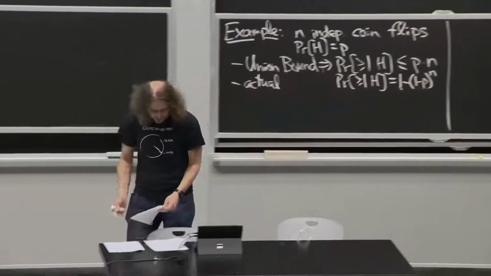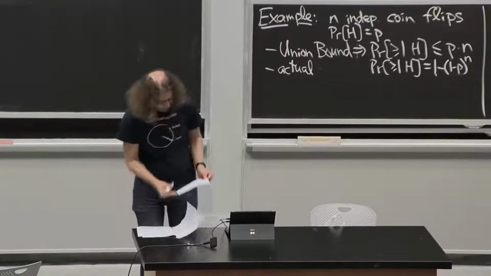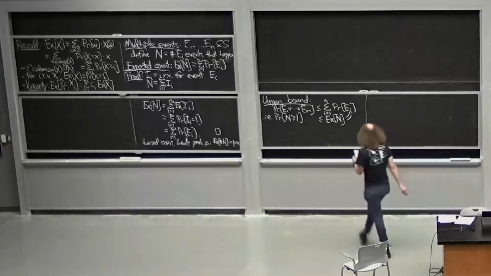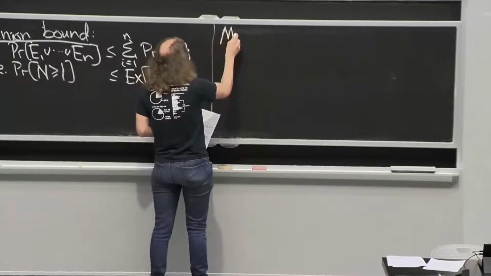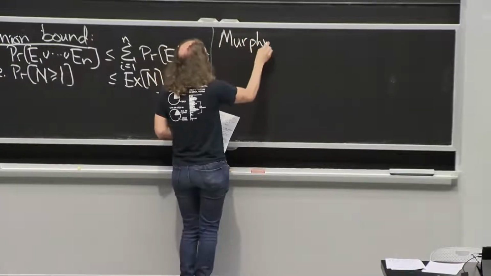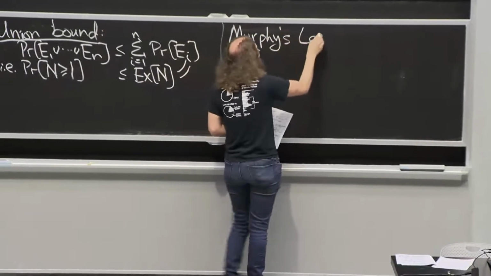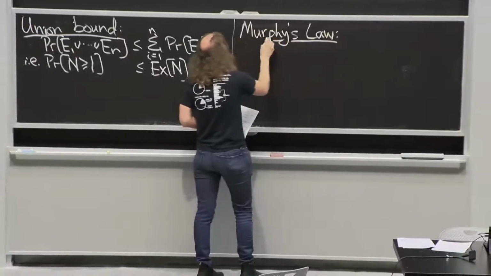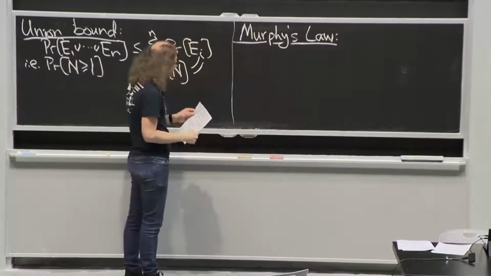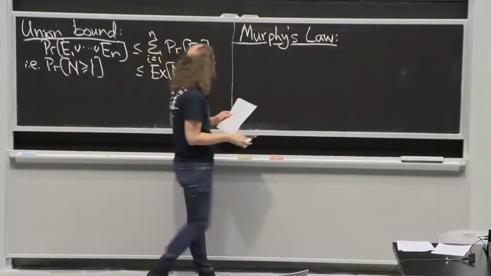Let me tell you a nice property on the other side, which I'll call Murphy's Law. It's not the official name, but you've probably heard of some form of Murphy's Law in the past. Whatever can go wrong will go wrong. This is a formalization of that.